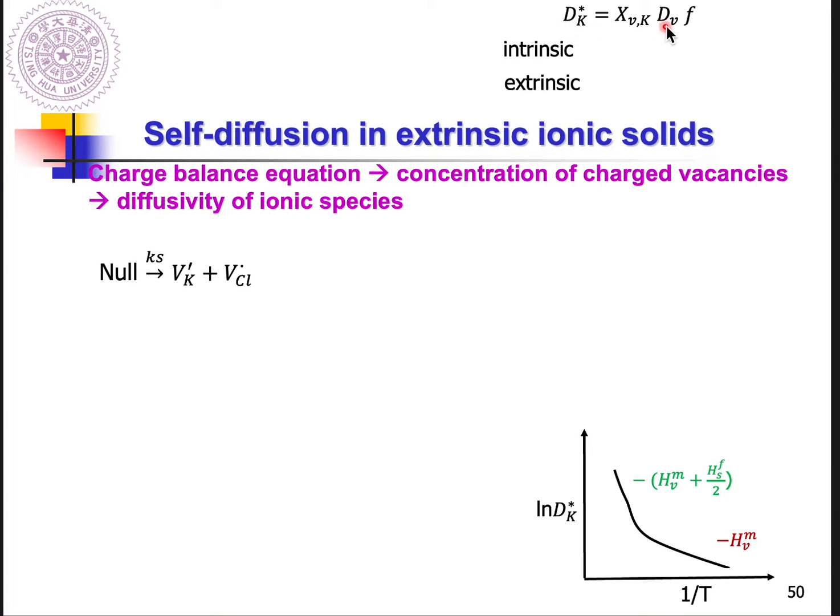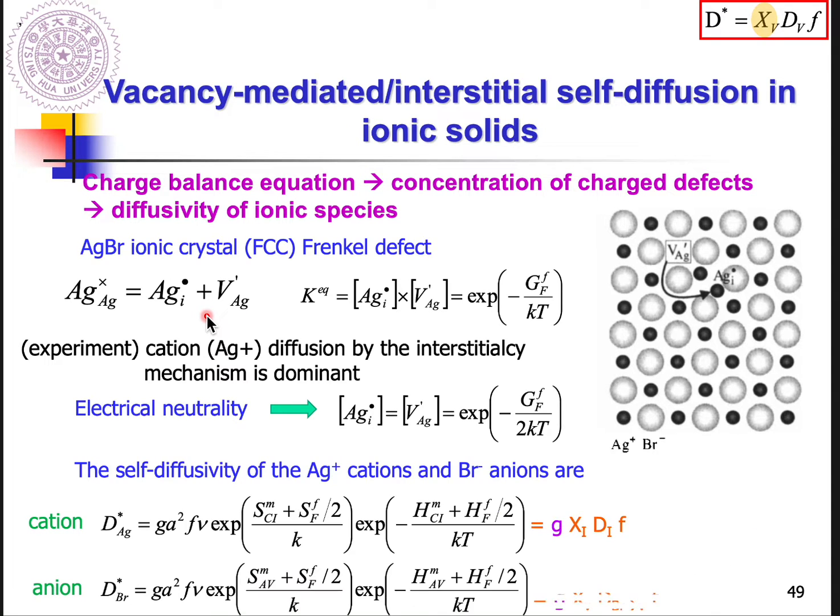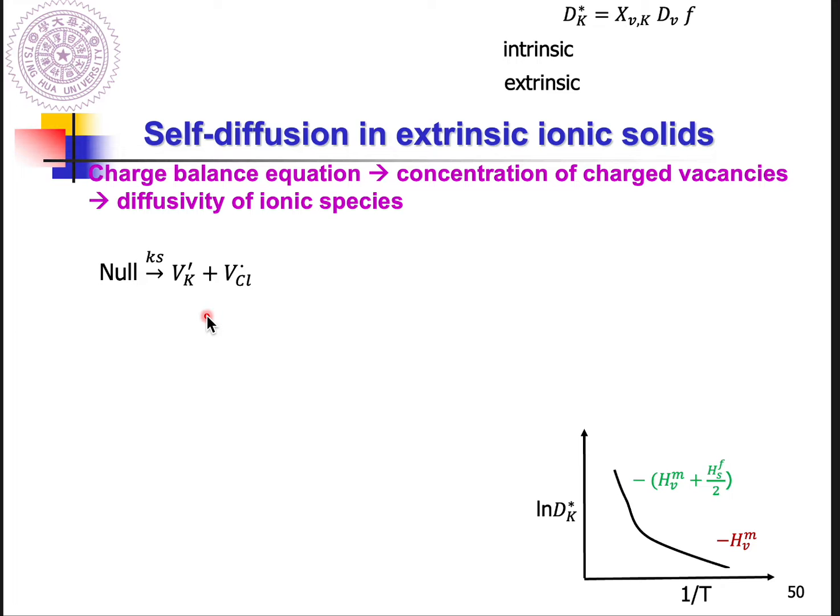What we can do in experiments, the easiest way, is to change the vacancy fraction at the potassium site. So in this case, we are going to dope calcium chloride into the potassium chloride ionic crystals.